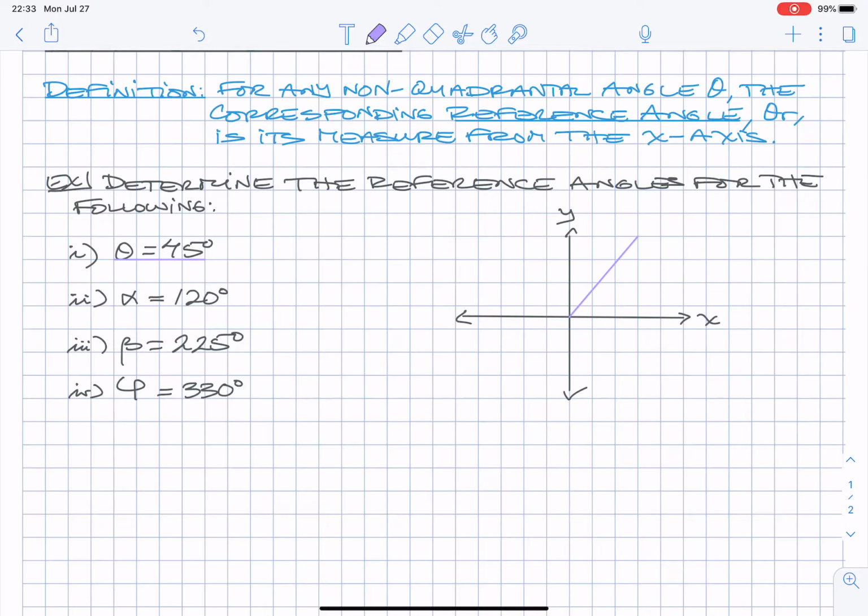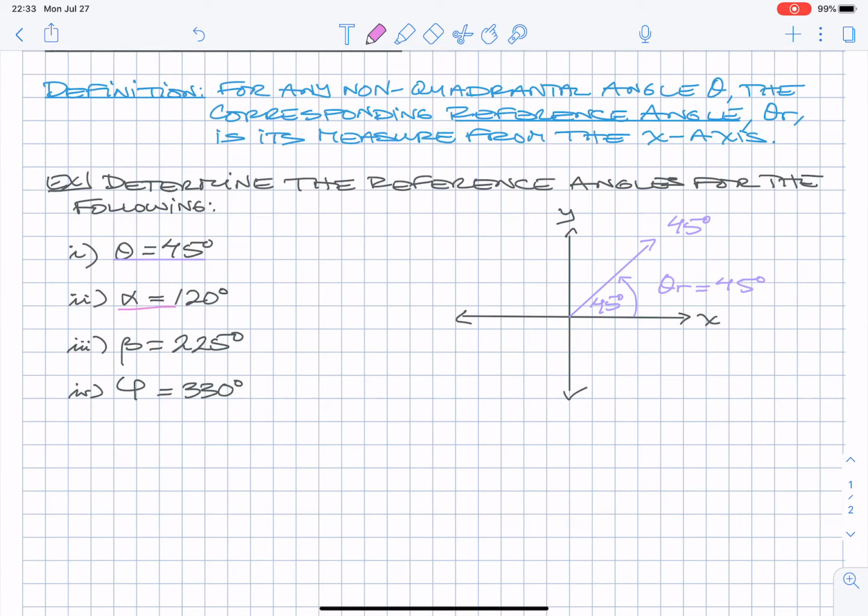It's the main diagonal, not drawn very well. Let me draw this a bit better. So this is 45 degrees. So what is the distance to the x-axis? Well, it's 45 degrees. So I claim that theta sub r, the reference angle for 45 degrees, is also 45 degrees.